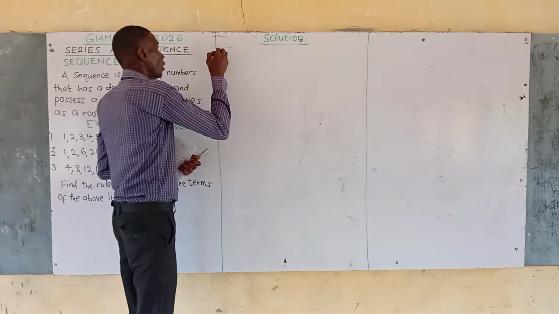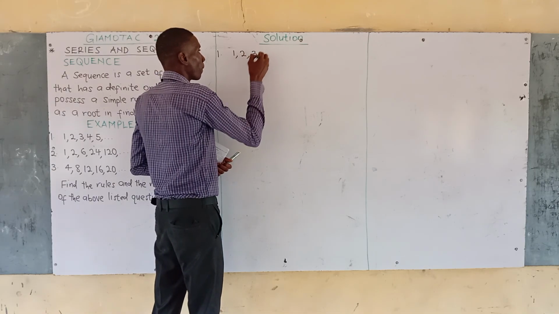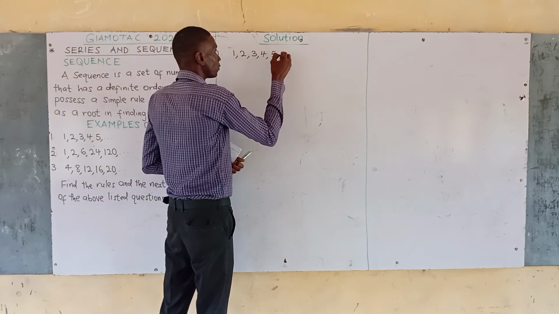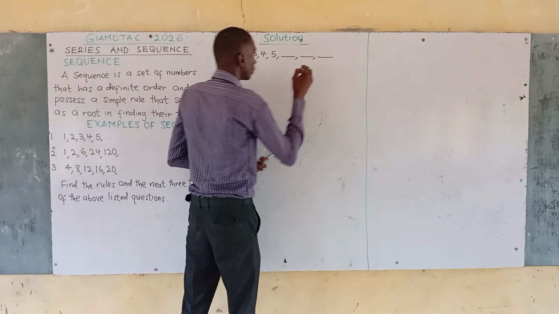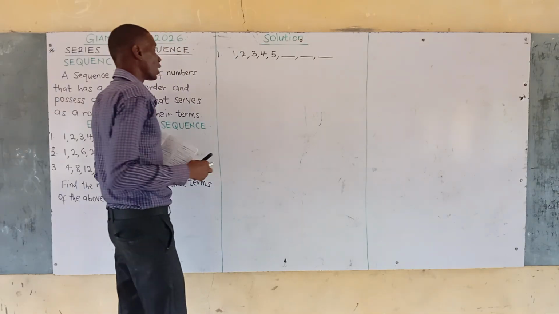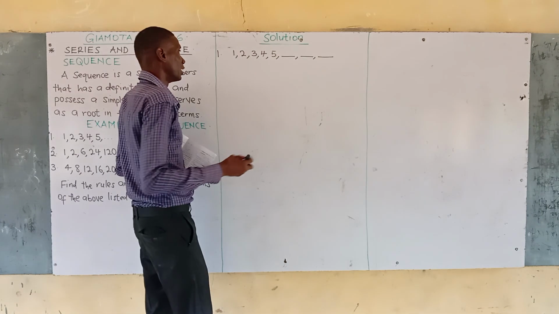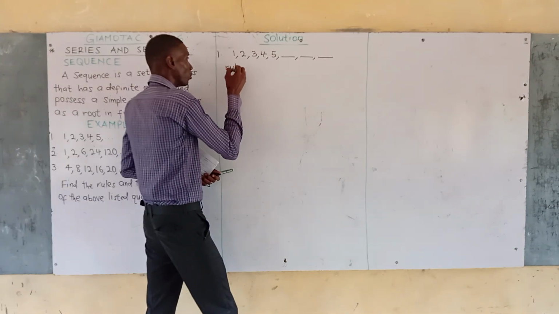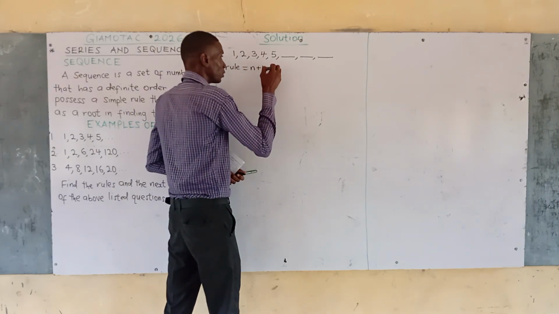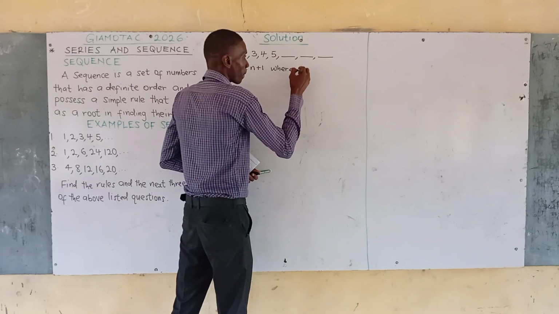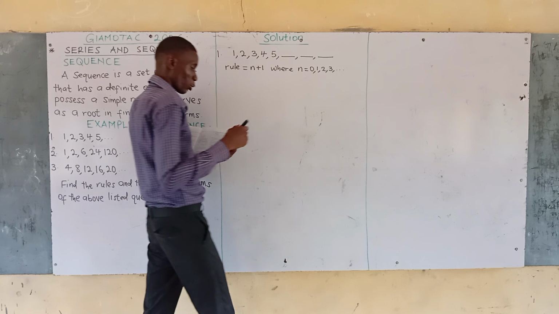Okay. Number one, we are having 1, 2, 3, 4, 5. We are finding the next three terms. If you look at this very well, this is increasing by 1. This implies that our root will be equal to n plus 1, where n is equal to 0, 1, 2, 3, and that is how we continue.